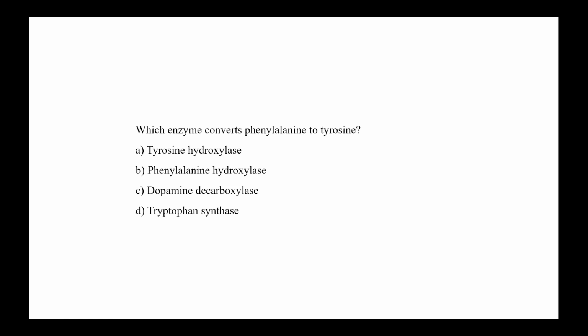Starting with the first question. Which enzyme converts phenylalanine to tyrosine? Option A, tyrosine hydroxylase. Option B, phenylalanine hydroxylase. Option C, dopamine decarboxylase. And option D, tryptophan synthase.